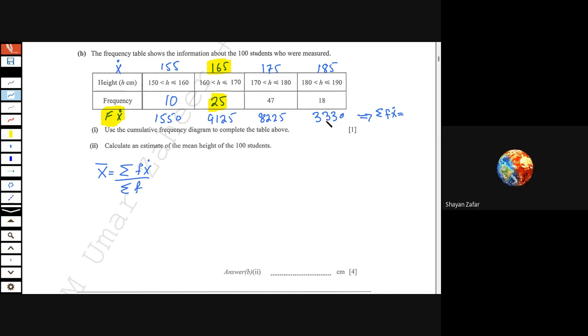So we can find fx, where the frequency is 25.